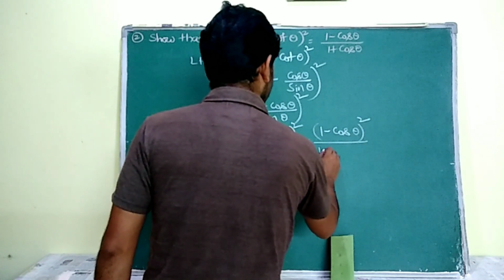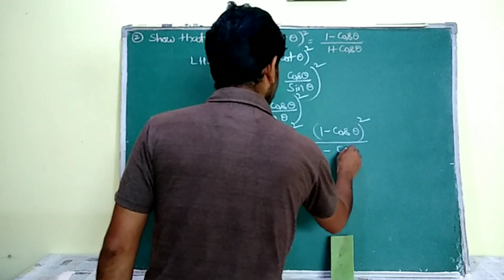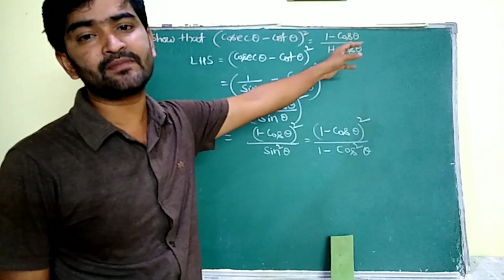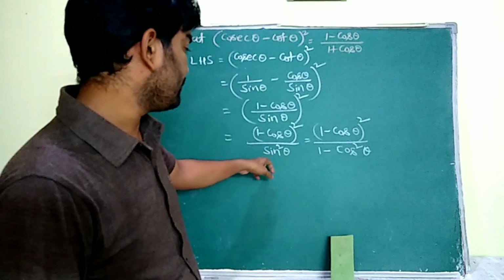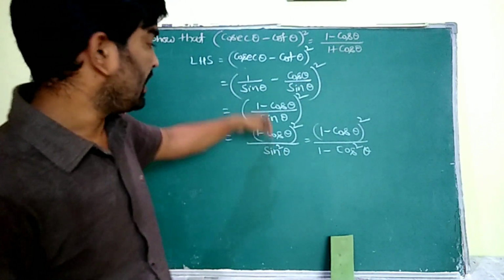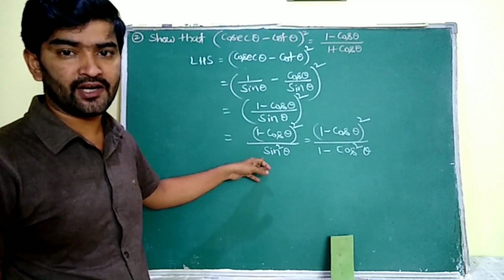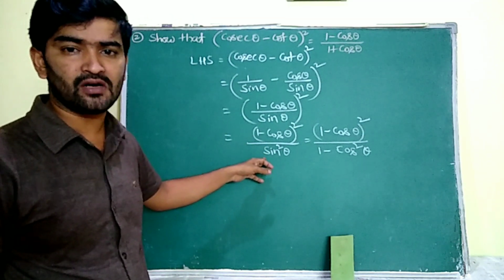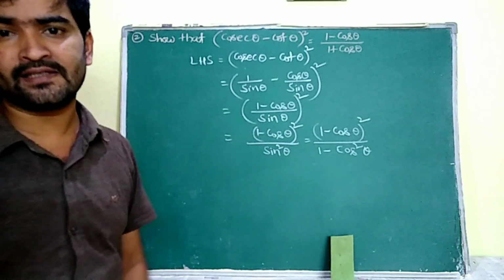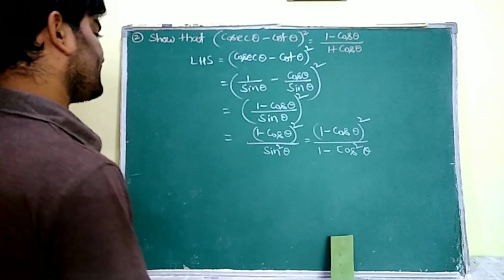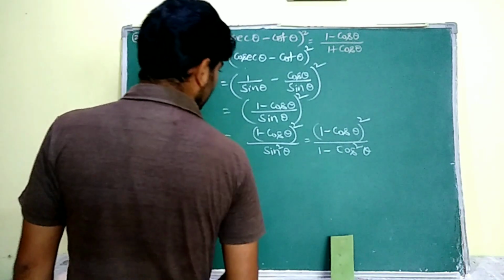Why sir, why are you expressing that sin square as 1 minus cos square? See, here I have to obtain the answer in terms of cos. But up to these 3 steps, I am having sin. If I convert this sin into cos, then the entire answer is going to be converted into the terms of cos. That is why I am converting that sin square into 1 minus cos square.